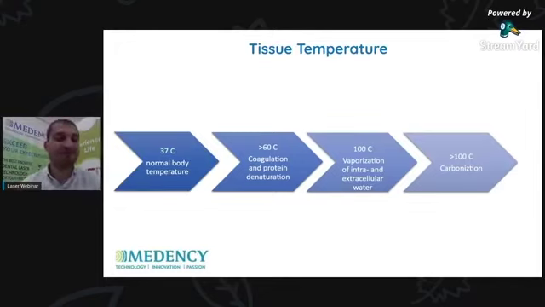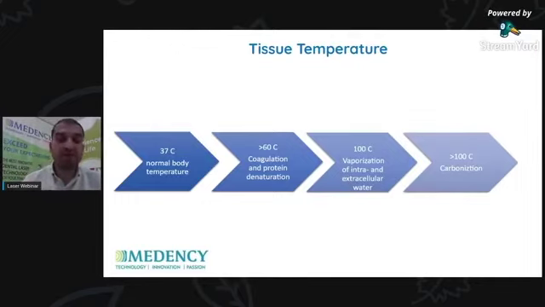So I have to understand this saying. Our normal body temperature is 37 Celsius, and this is the normal temperature of any cell. Once the laser is absorbed in every cell, the heat is raised until it reaches 60 Celsius. At this level, the protein content of the cell starts to denature and coagulate.